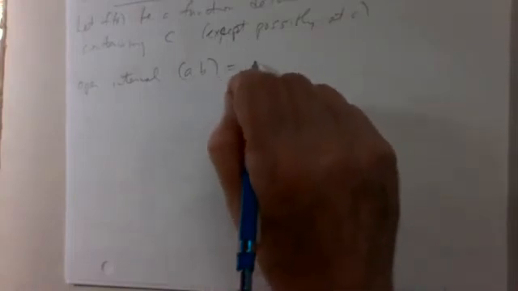What is an open interval? An open interval, written (a, b) with a and b in parentheses, is all x such that x is between a and b, but it doesn't include the endpoints. So the open interval between two points a and b is all numbers strictly greater than a and less than b. That's why it's called open, because it doesn't include the endpoints.